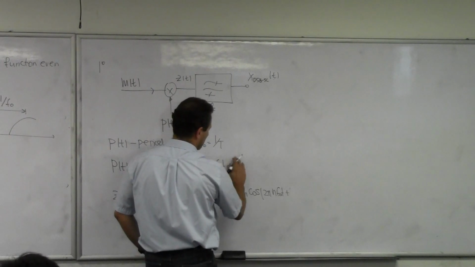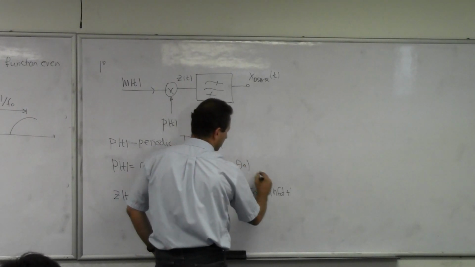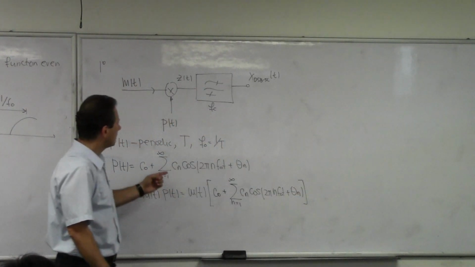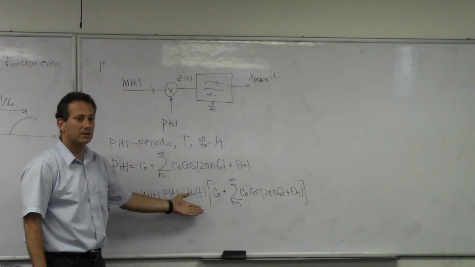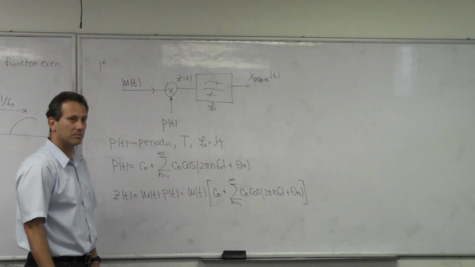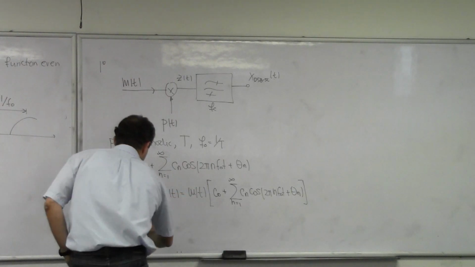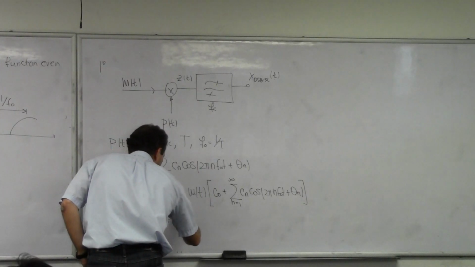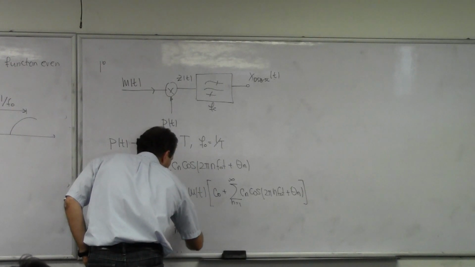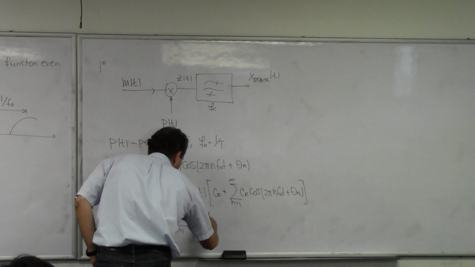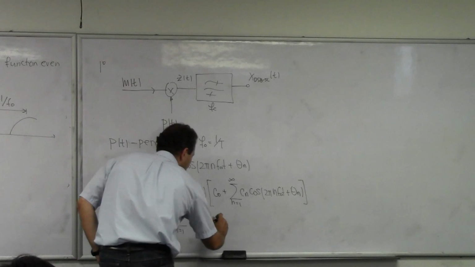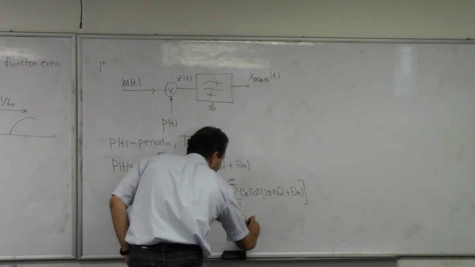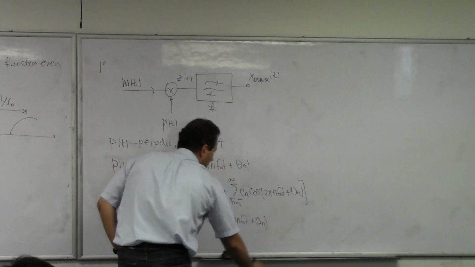When I'm multiplying with a periodic signal, I'm actually multiplying with the corresponding Fourier series. Now, I can write this as C0 m of t plus the sum, n from 1 to infinity, of Cn m of t times cosine 2 pi n f0 t plus theta n.